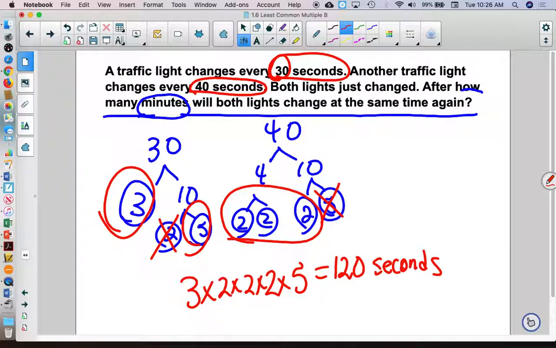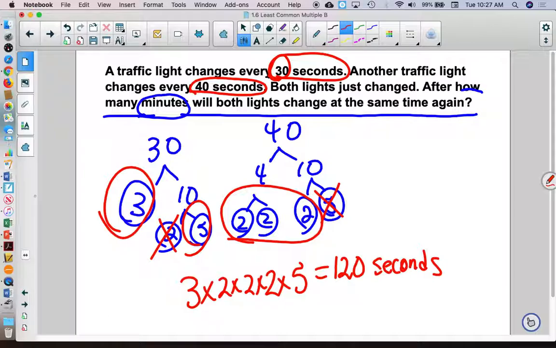Now, go back. Did I answer the question? No. How many minutes? I got seconds. How do I convert seconds to minutes? And do not blurt. David?